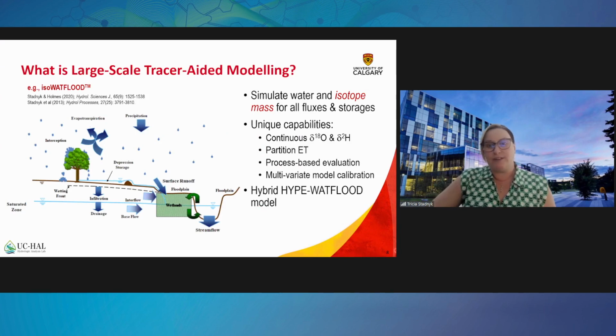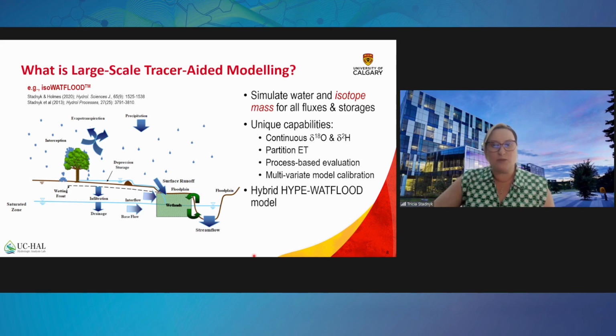So starting with a recap of what I mean by large-scale tracer-aided modeling, essentially, it adds a computational step or function that tracks not only the water balance, but the mass exchange for every single storage and flux within a hydrologic model. So every time water is moved as a flux, mass is moved as well.